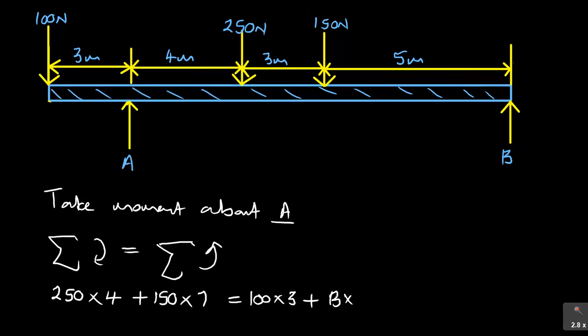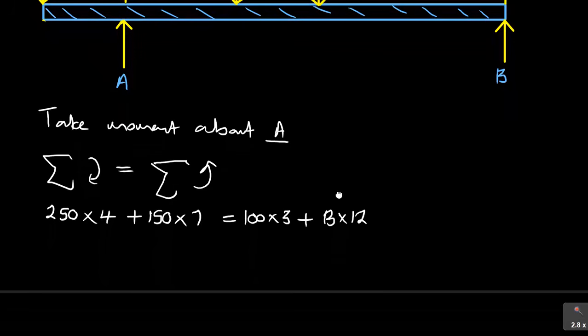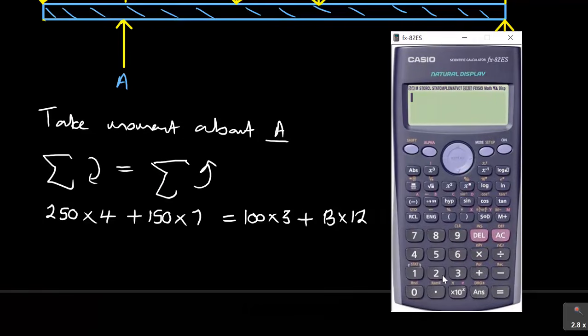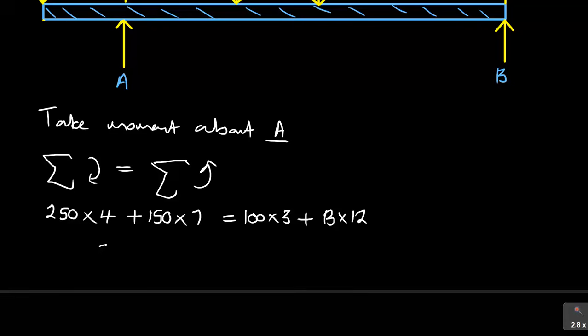So that is B times 12. Then you add the left and the right sides. So 250 times 4 plus 150 times 7, and our answer there is 2050, equal to 100 times 3, which is 300, plus B times 12.